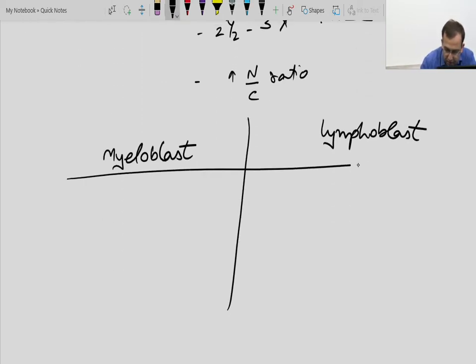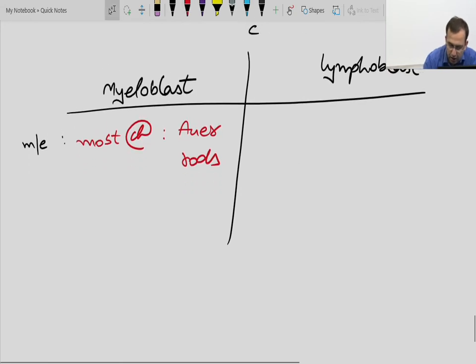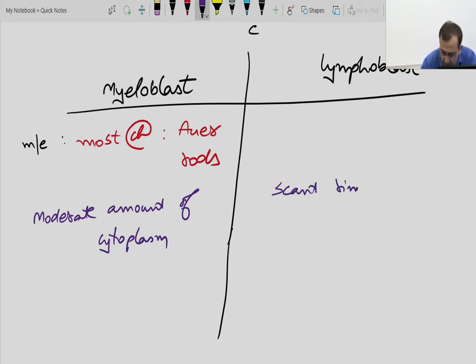Let us make a table of the same, starting with microscopy. Microscopically, the most characteristic feature of a myeloblast is the presence of Auer rods. This was what we were seeing in the image. The softer features are that myeloblasts have a moderate amount of cytoplasm, versus lymphoblasts which have a scant rim of cytoplasm.